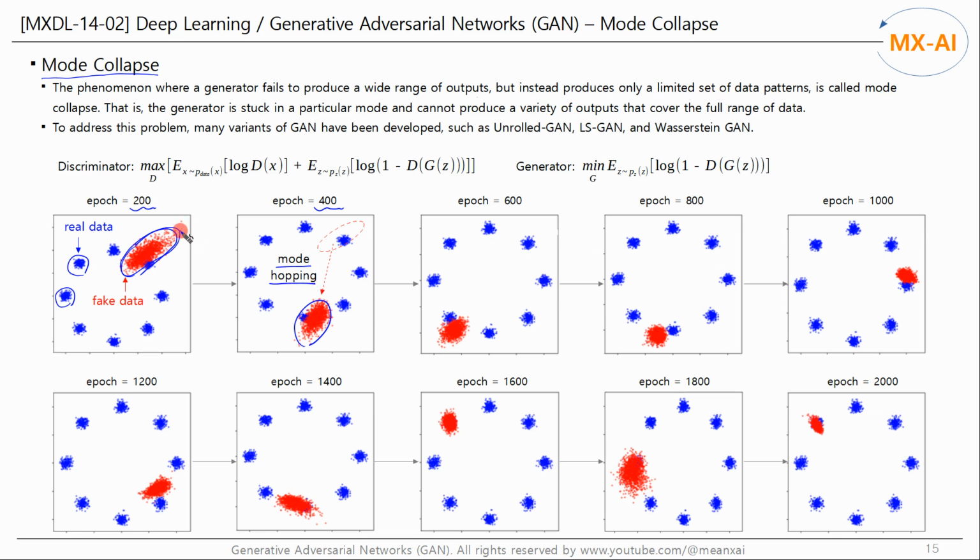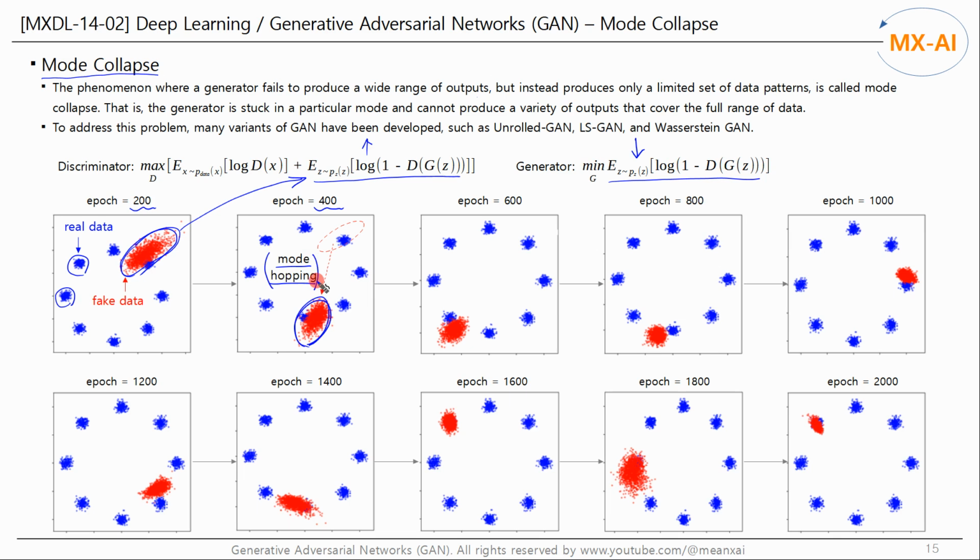When a mode collapse occurs, the discriminator increases the second term of the loss for the data generated in that mode. The generator tries to generate data in another mode to avoid increasing the second term of the loss. This is called mode hopping.